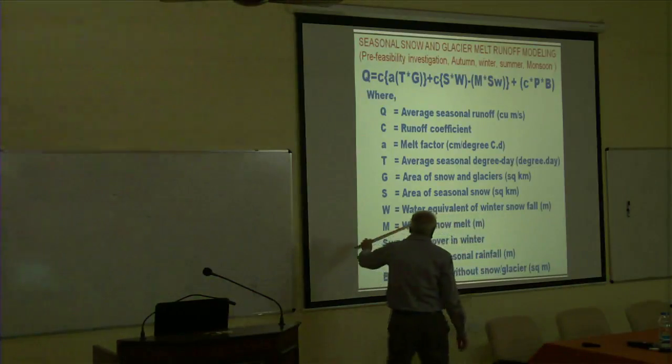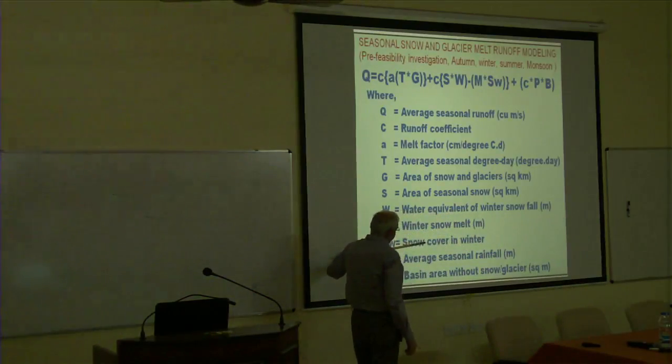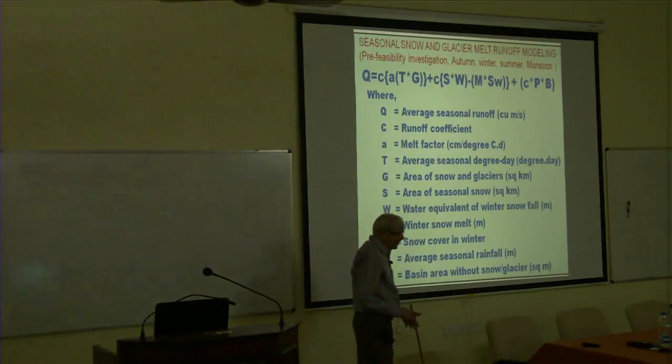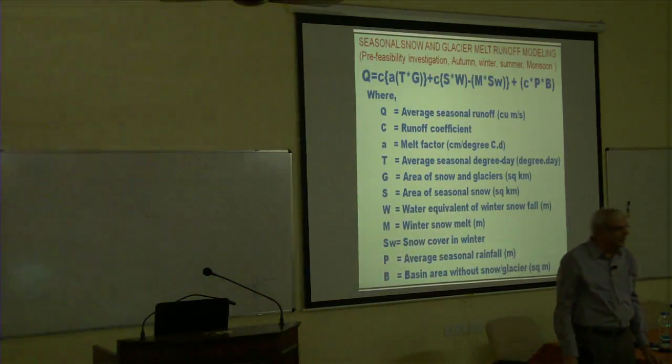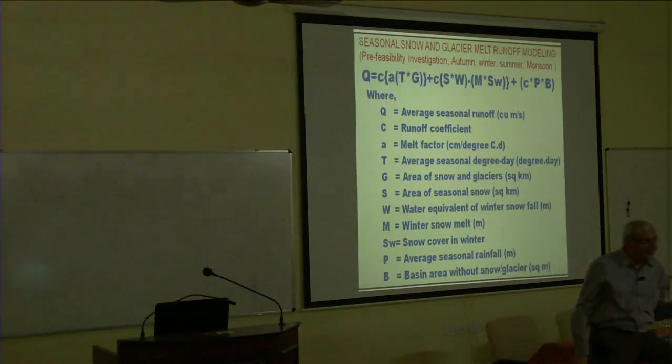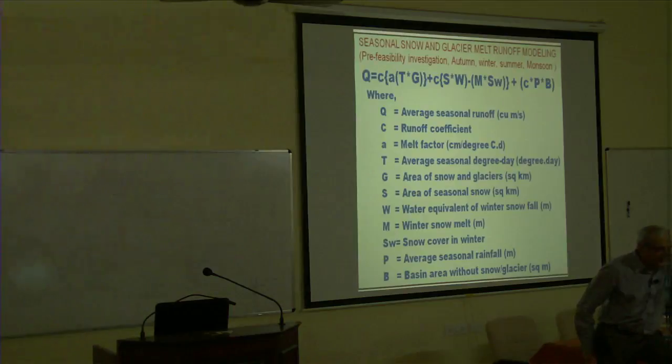Then the winter snow melt, snow cover in winter, average seasonal rainfall, and B is the basin area without snow and glacier. Probably it hardly makes any sense for you, because these are just symbols and words. But when you actually start doing this exercise in the afternoon, you will feel what it means.